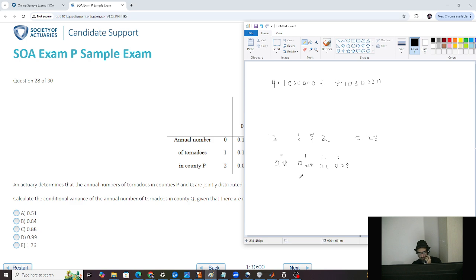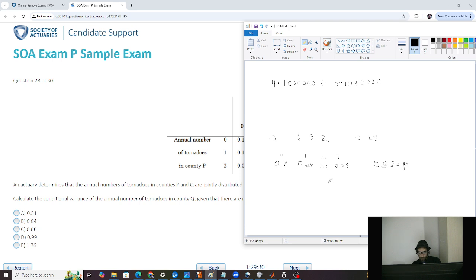Let's do mean of the square minus square of the mean. 24 plus an additional 40 is 64, plus another 0.24, so 0.88 equals mu.